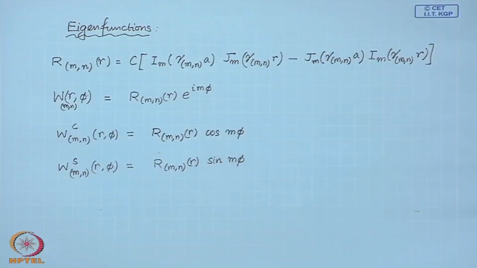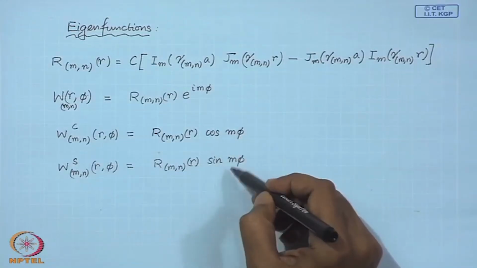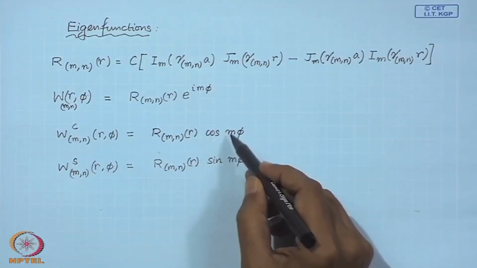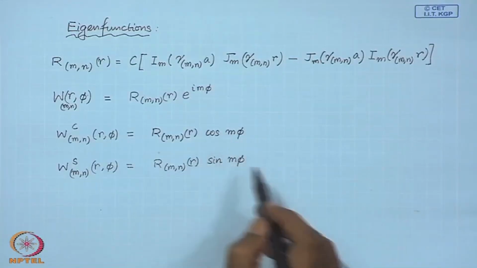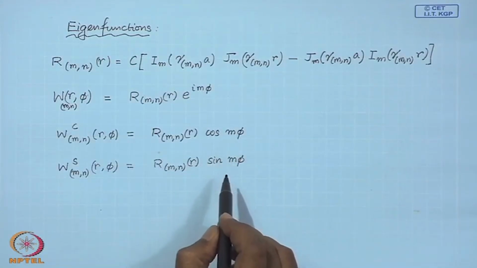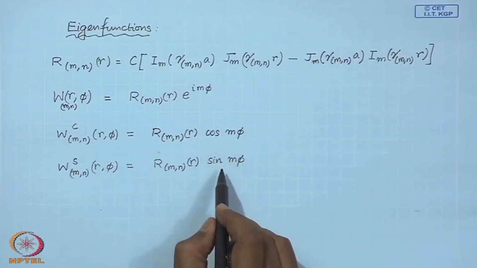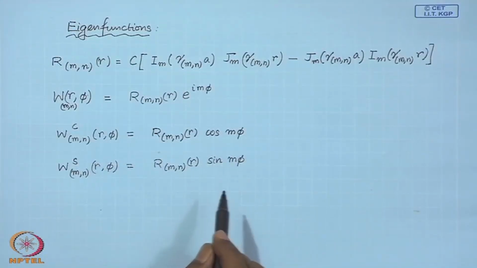Now, these two modes are of course orthogonal. If you integrate the product of these two, you can very easily see that. So, these are orthogonal eigenfunctions, and they correspond to the same eigenfrequency omega_mn.